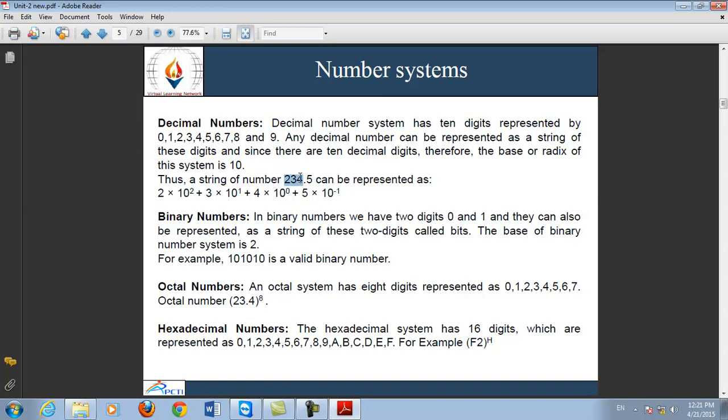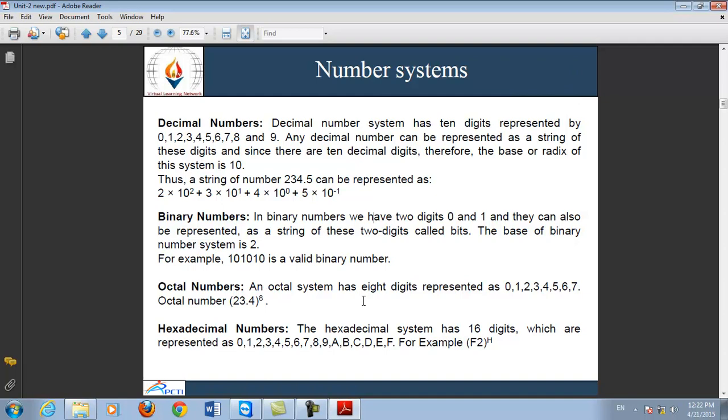For example, 234.5 with base 10 can be treated as a decimal number. Next is the binary number system.